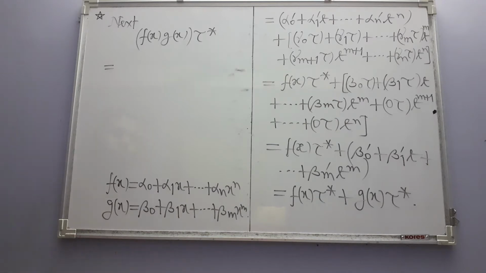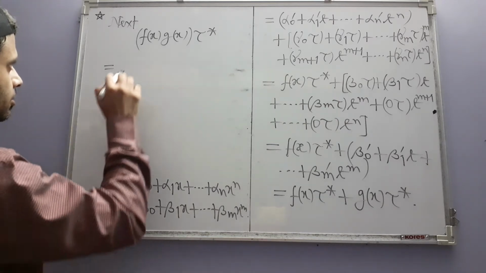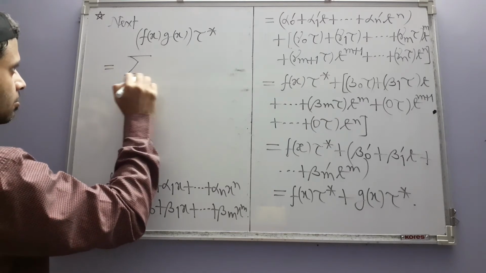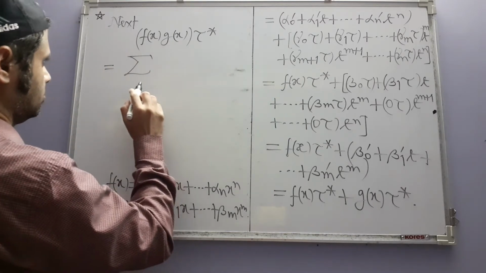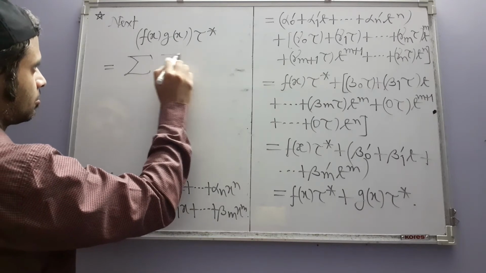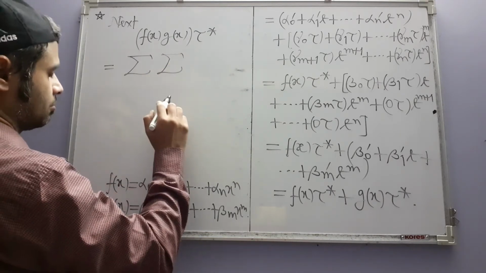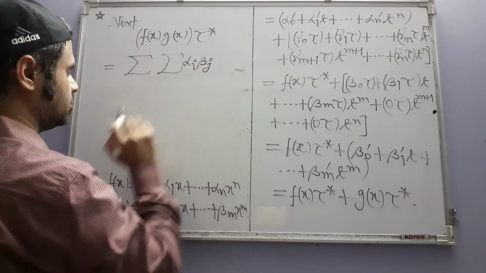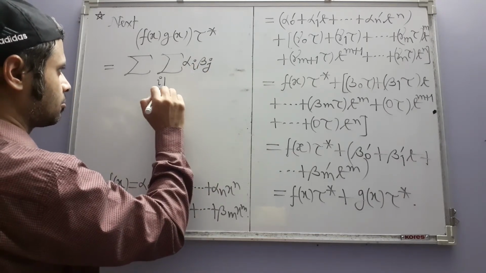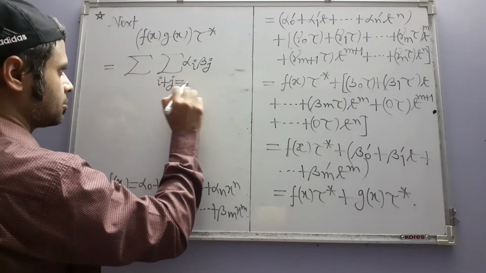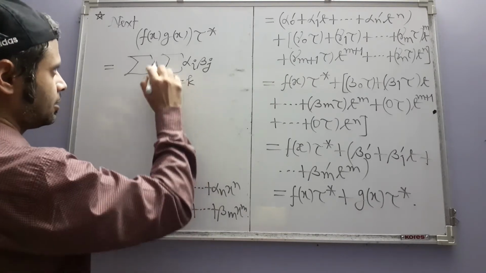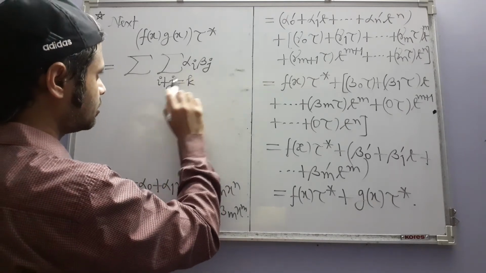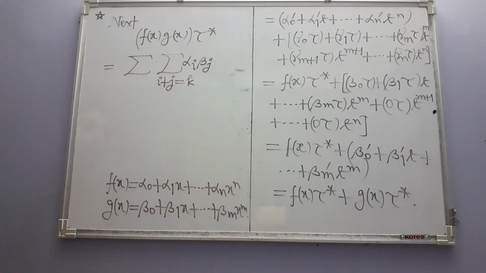So that means if we take the product of these two polynomials, we will get this polynomial: the sum over k of the inner sum of alpha i beta j, with i plus j equal to k. If you want, you can write this inner sum in a slightly different manner without using two variables i and j.